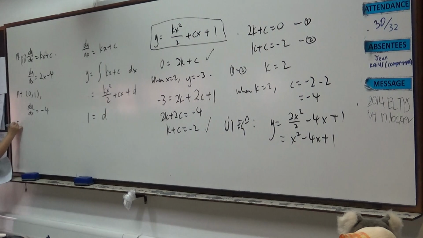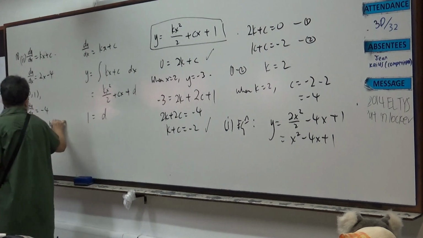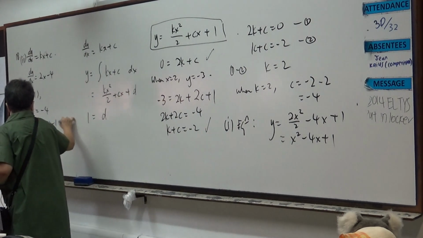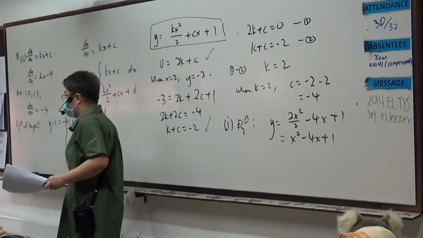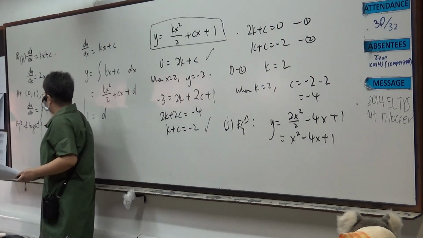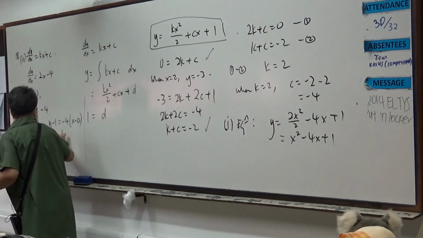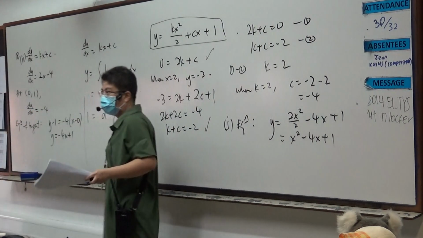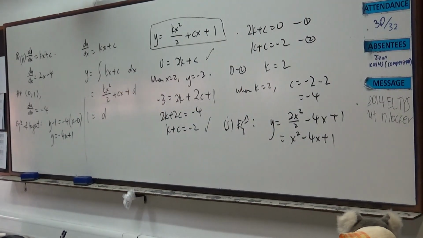So equation of tangent will be y minus 1 equals -4(x minus 0). Correct now? y minus y coordinate, gradient times x minus x coordinate. So y equals -4x plus 1. That will be the equation of the tangent, sorry.